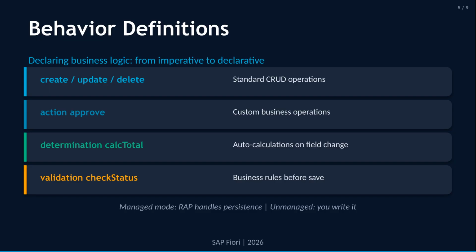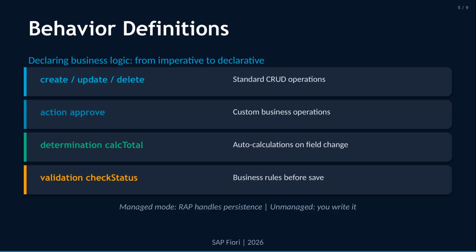It declares actions, which are custom operations like approve or release. It declares derivations, which are automatic calculations triggered by field changes, and it declares validations, which are business rule checks that run before save. The key shift is from imperative to declarative.